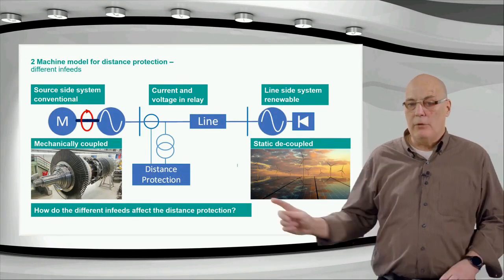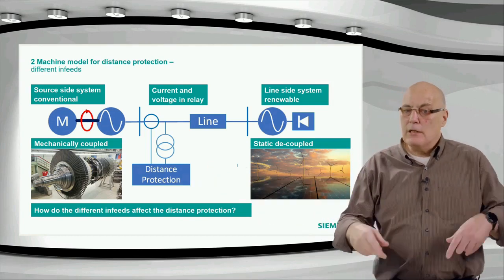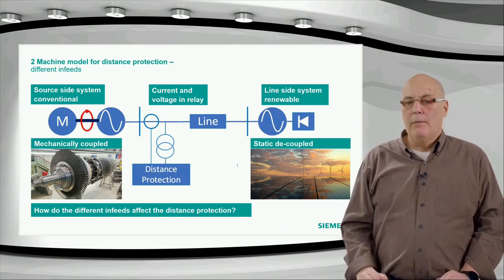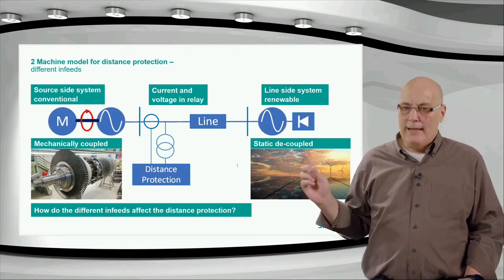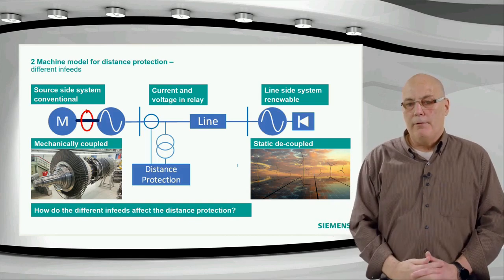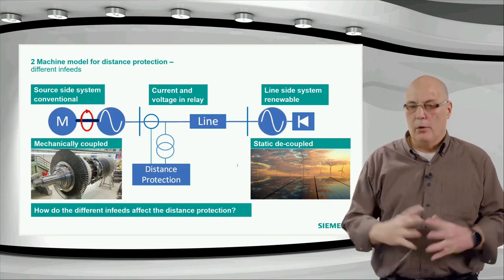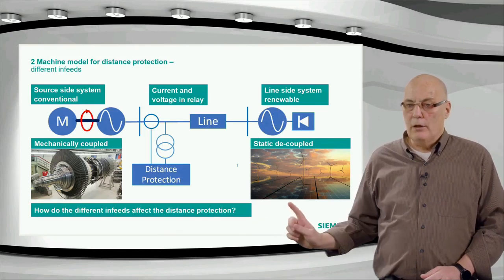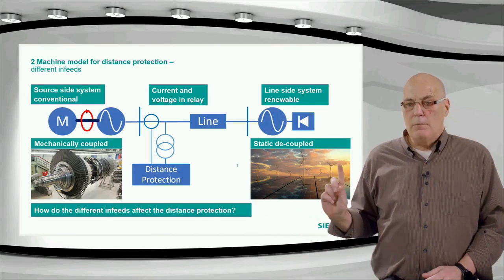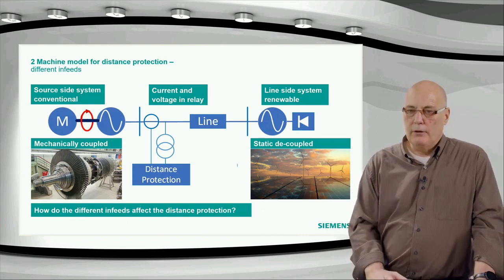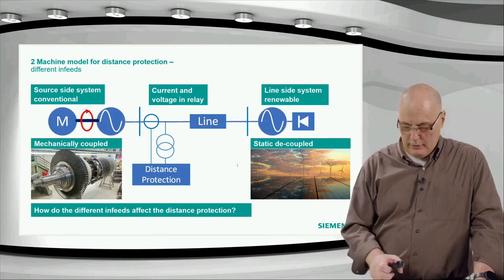The other is moving, a rotational, mechanical in-feed, as compared to a static in-feed. A static in-feed is a solid state electronic in-feed, thyristors or whatever these modern coupling techniques are. Solar, and wind farms to a degree, but one must be careful. There are different types of wind generators, but I don't want to get into that now.